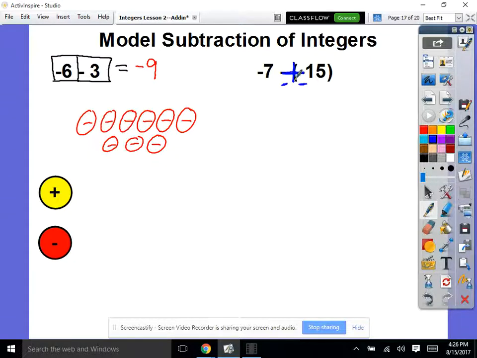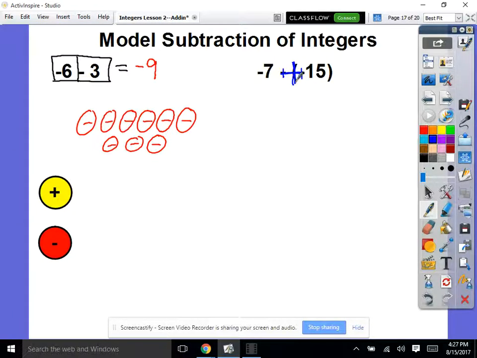I'm going to erase that because I'm also going to show you what maybe you've seen in 7th grade. Some 7th grade teachers also tell you when you see two of those, change them to pluses. So either way, you can make it a big plus sign.